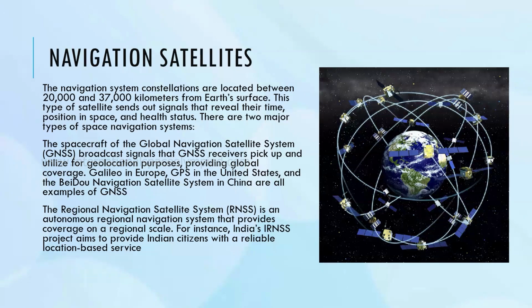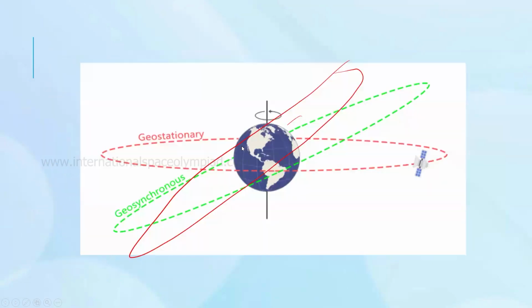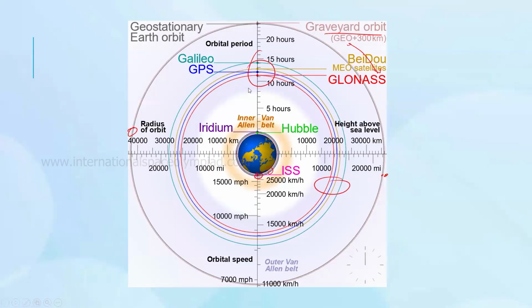That is how it gets the position, and we can send it. So that is about the navigation satellite system. You can see in this picture, Galileo, GPS, GLONASS, these are all medium Earth orbit, and these are all navigation satellites.